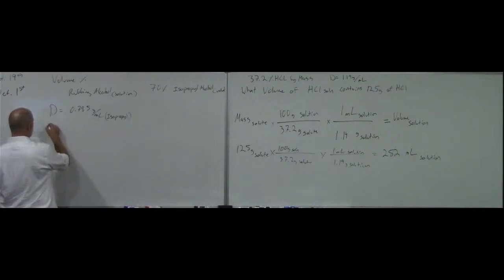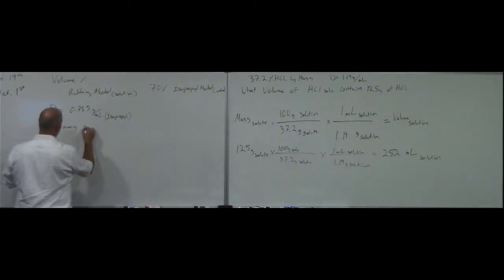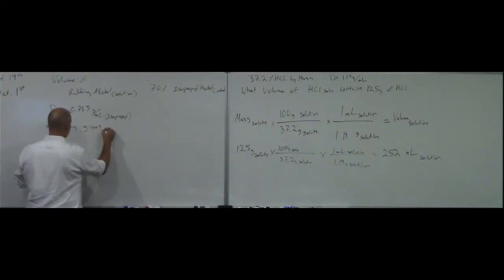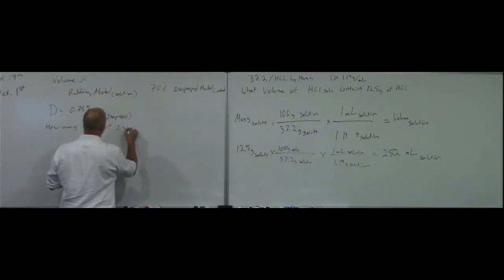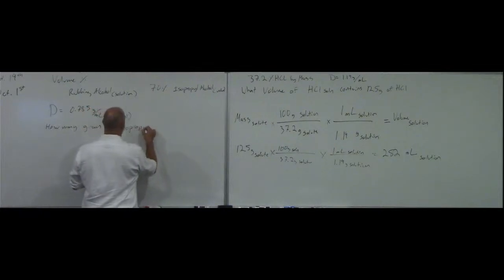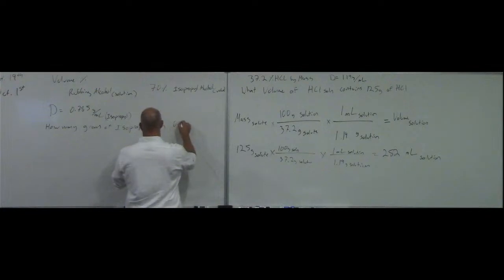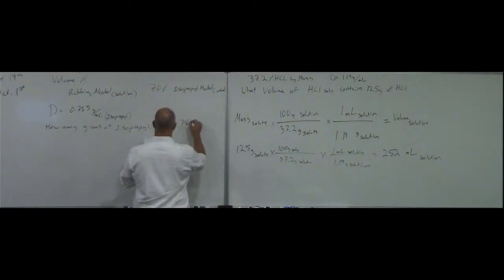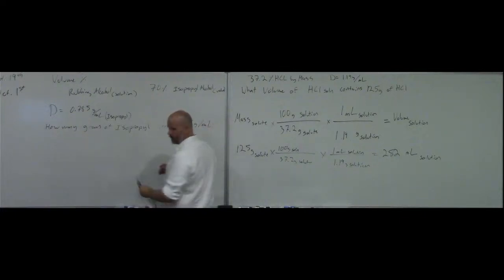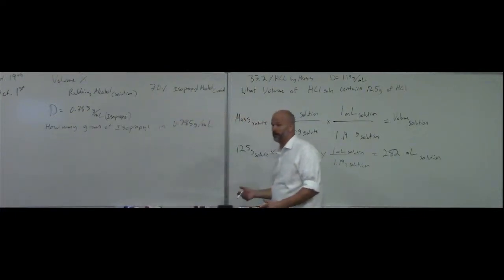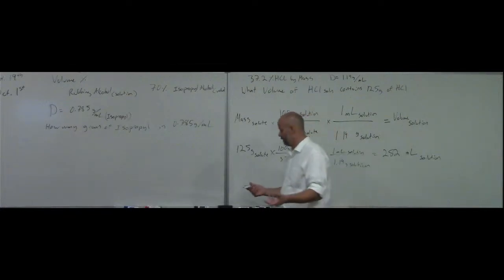So I want to know how many grams isopropyl are present in, 0.785 grams per milliliter. Okay? So, what do I begin with? I've got to begin with what I'm given. What do I start with?